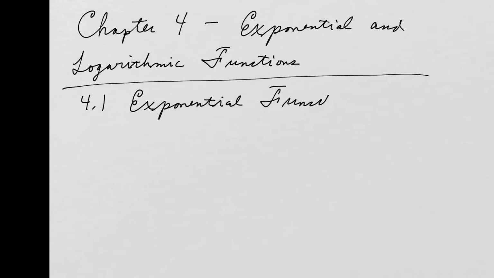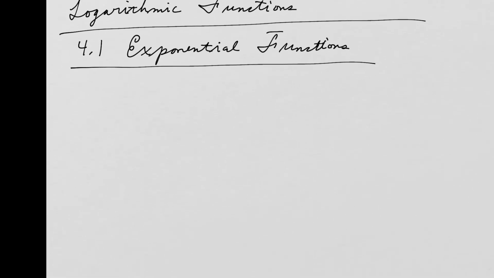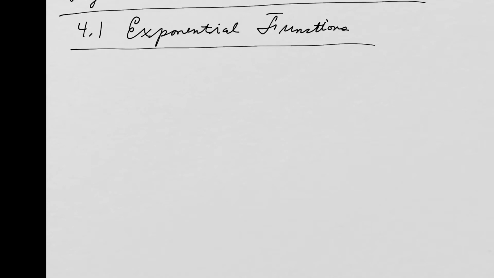Okay, so I'm going to start off by motivating this with an example. Let's say we have two situations, right? So we have two towns that are experiencing population growth.